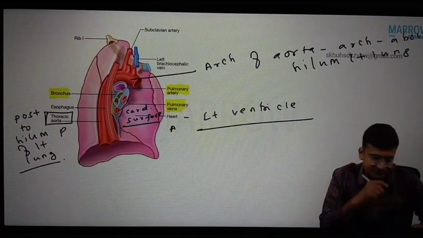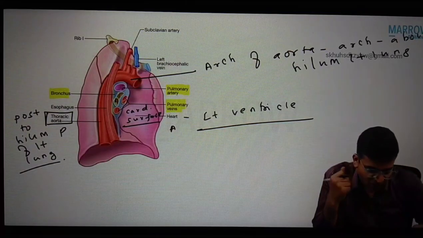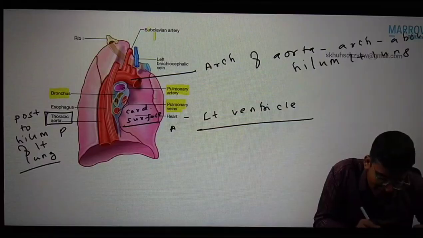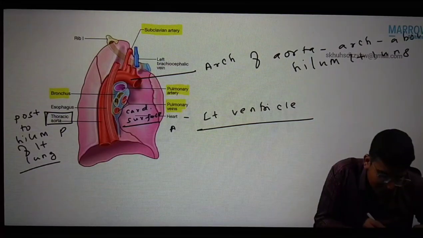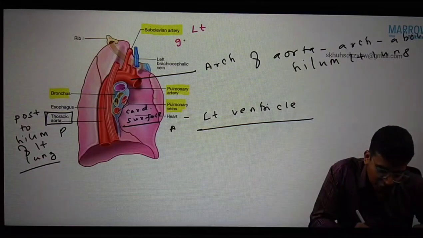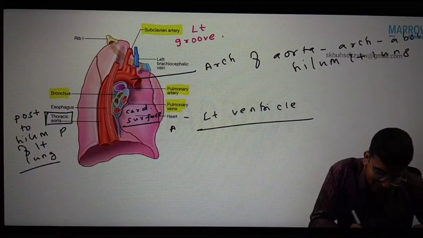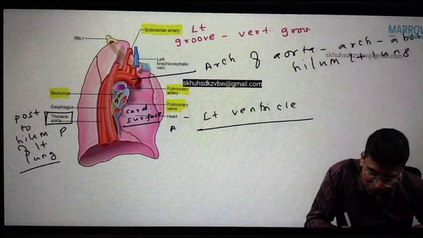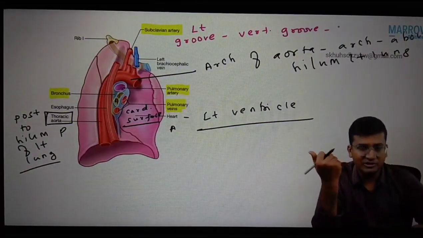Okay, right. Next, from the arch of aorta, we see a vertical impression. That vertical impression is the groove for left subclavian artery, and that is the vertical groove above the arch of aorta.